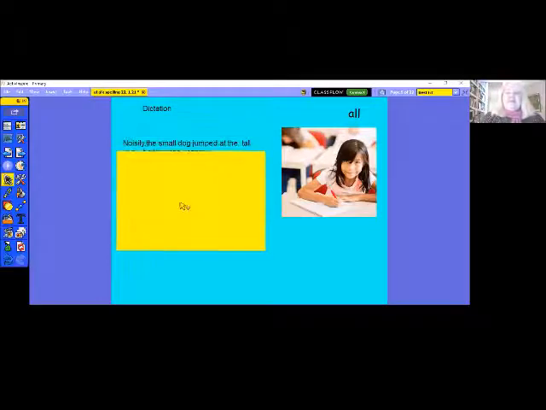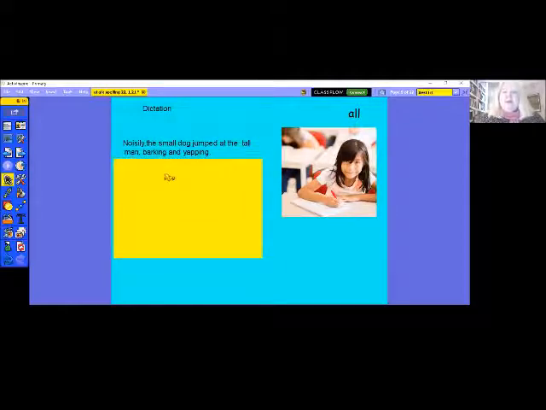Let's have a little look. Look at my punctuation as well. Noisily, that's how the dog made a lot of noise. The dog jumped at the tall man, and what was the dog doing? Barking and yapping. Have a little work out whether you know how you would describe that sentence, and also where my punctuation goes.